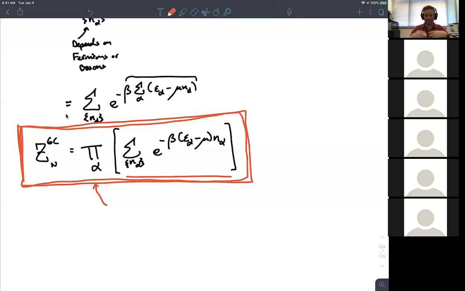Then you do the same thing for the first excited energy state. So in other words, these things are the single energy level partition functions. And then you just take the product of all the single level partition functions to give you the overall partition function for all the energy levels of your system.